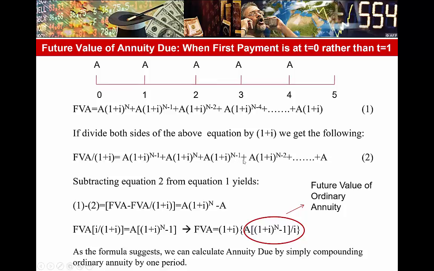And when we do this, we have future value of annuity minus future value of annuity divided by 1 plus I, which is the second formula.